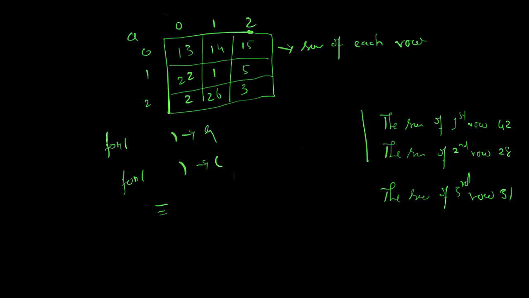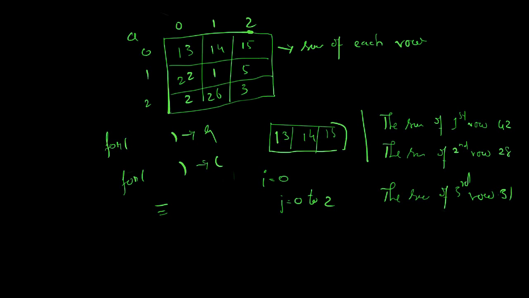Now I have to take one row, and in that row I have to take three columns. For example, 13, 14 and 15, these are all one row, right? So in this one row I have three columns. When the i value is 0, the j value has to go from 0 to 2. This is the trick over here.